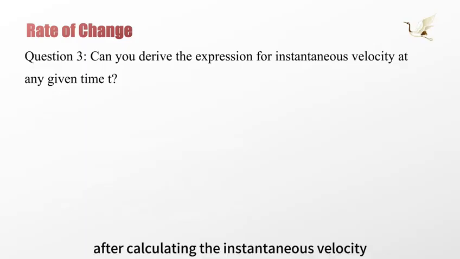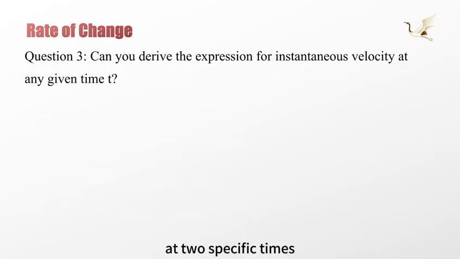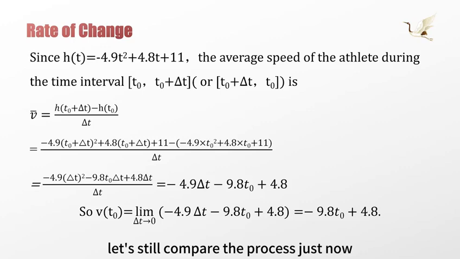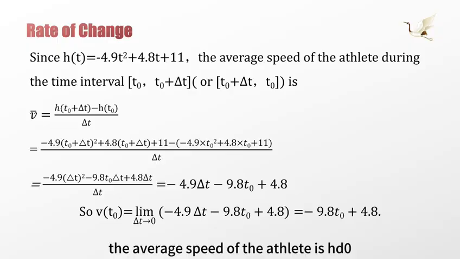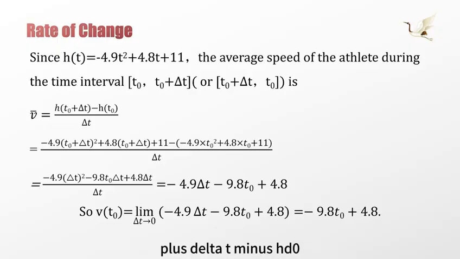After calculating the instantaneous velocity at 2 specific times, can you derive the expression for the instantaneous velocity at any time t0? Let's still compare the process just now and get the following general result. Take the time interval as delta t, and during the period after or before t0, the average speed of the athlete is [h(t0 + delta t) - h(t0)] divided by delta t.